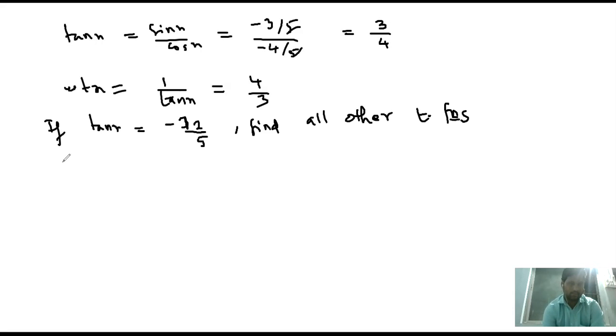Given is tan x is equal to minus 12 by 5.